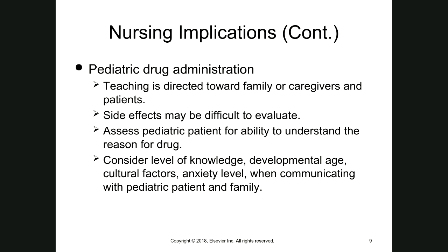So for those drugs without pediatric dosing schedules, dosing is based on approved protocols. So you look in your drug book and see if it's based on the weight, or you just follow guidelines, research studies, and provider experience.